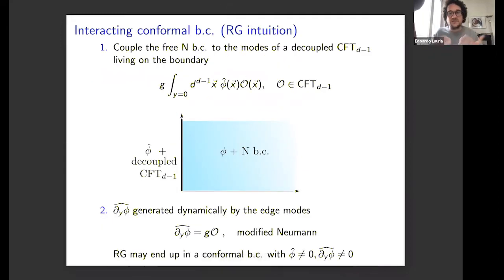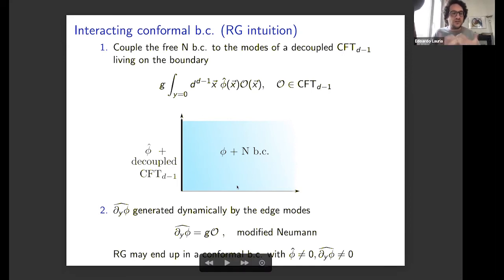So this also gives us an intuition on how to construct interacting conformal boundary conditions. Starting from the free boundary conditions, now we move to a more complicated case, the interacting conformal boundary conditions. And again, I'm just explaining the case where the theory in the bulk is a free scalar, but it works also for other free theories.